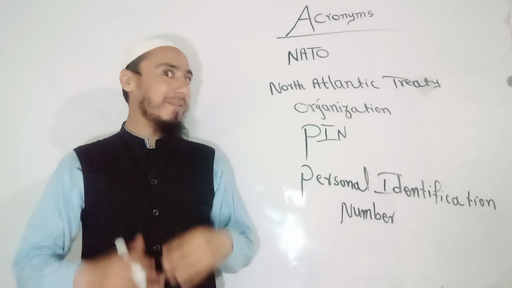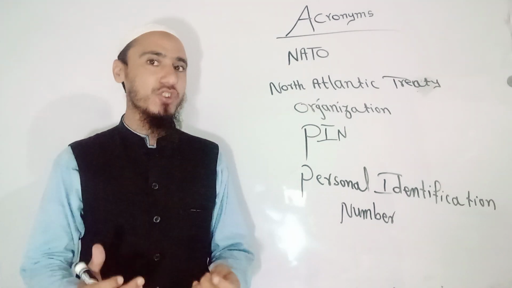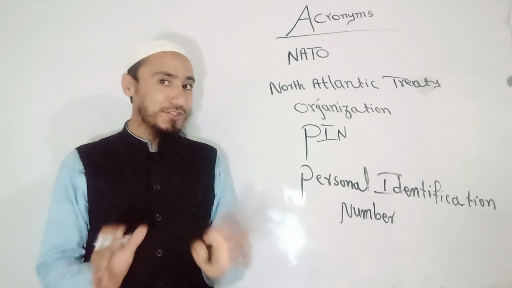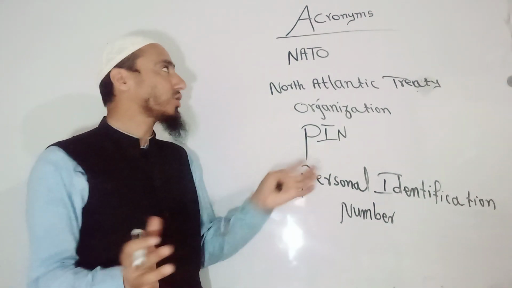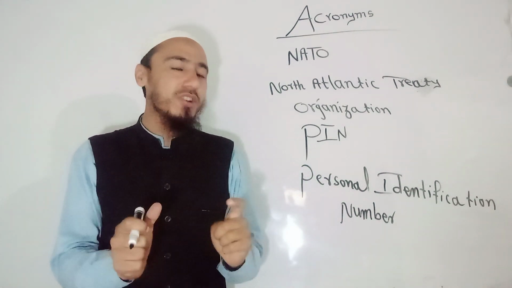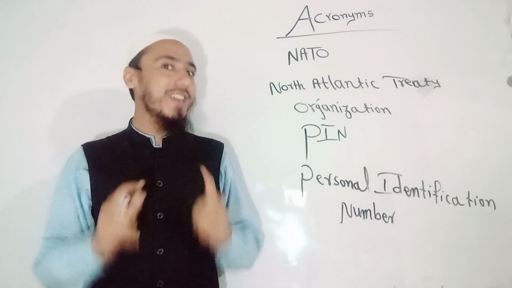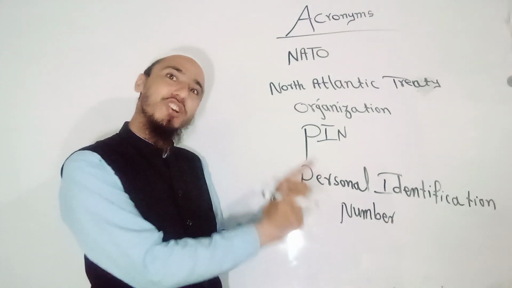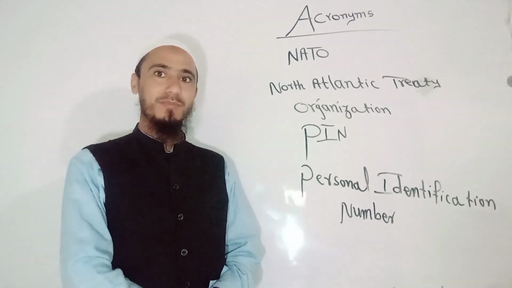Now, what is abbreviation? What is abbreviation and how is abbreviation different from acronyms? Listeners and audience, when we say abbreviation, we don't say that abbreviation is a word or a new word. We say abbreviation is formed with the initial letters of a set of words.